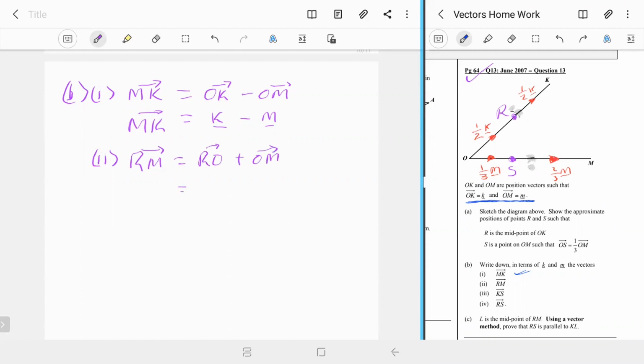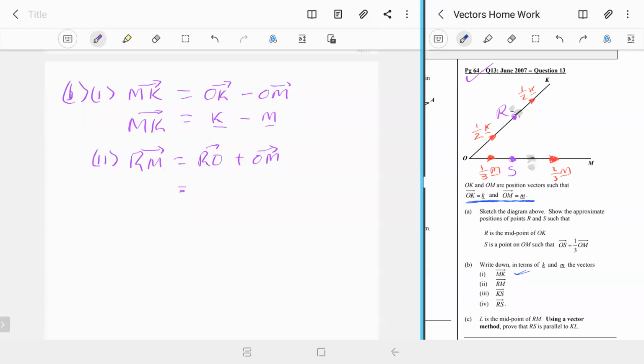And R to O is what? Half K? Nope. You almost have it. You miss one thing. R to O is the opposite direction, so it's minus half K. Good. I hope you're learning.